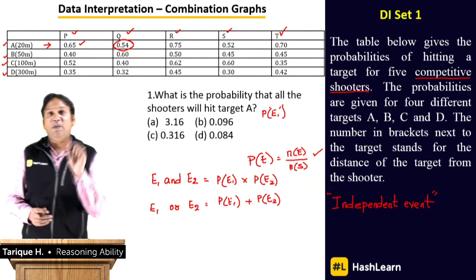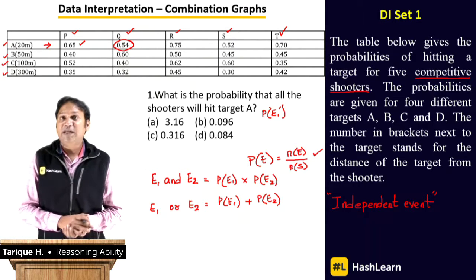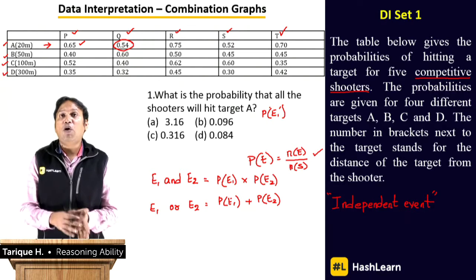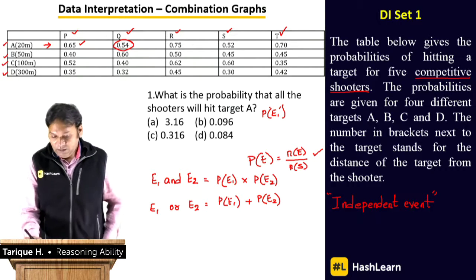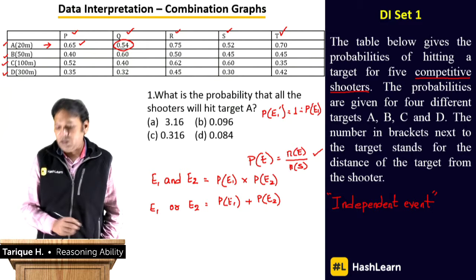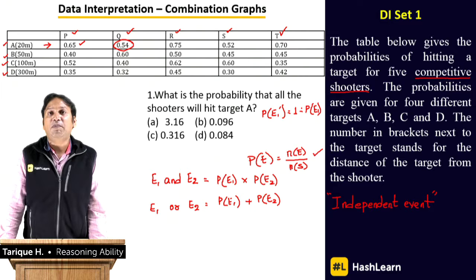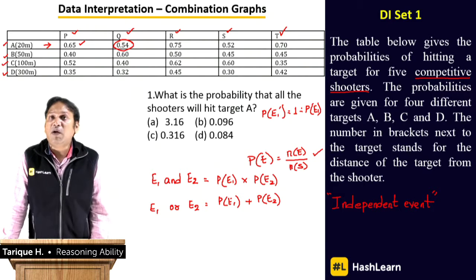If E1 stands for the event happening, then E1 dash, E1 complement, stands for the event not happening, that is non-occurrence of the event. P of E1 dash is always equal to 1 minus P of E1. So if we know the probability of an event E1, then we can subtract it from 1 to find out the probability that the event E1 will not happen.